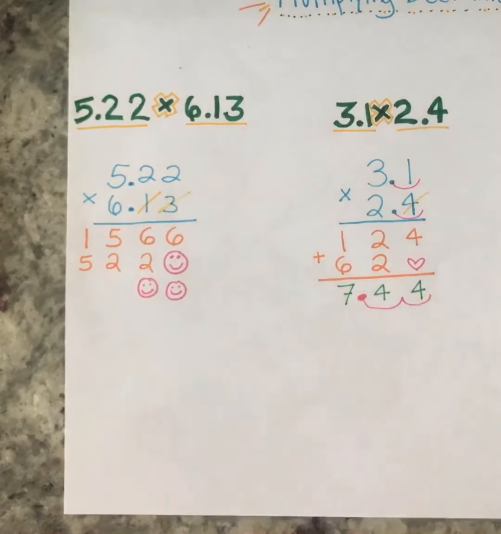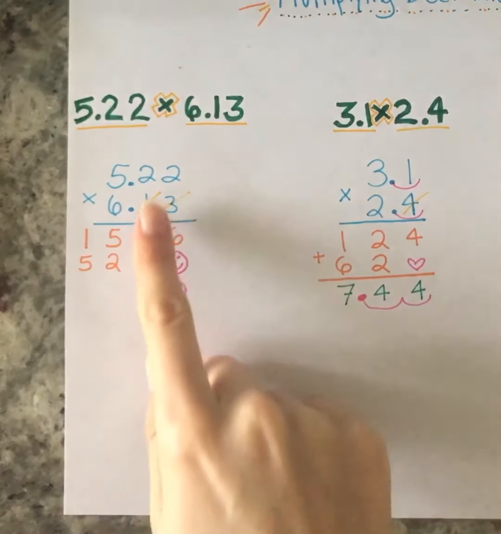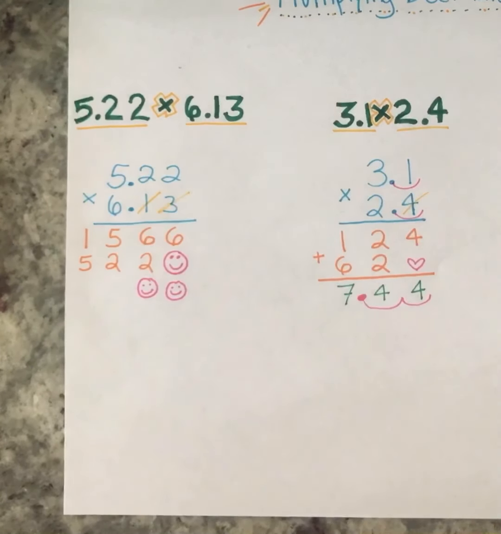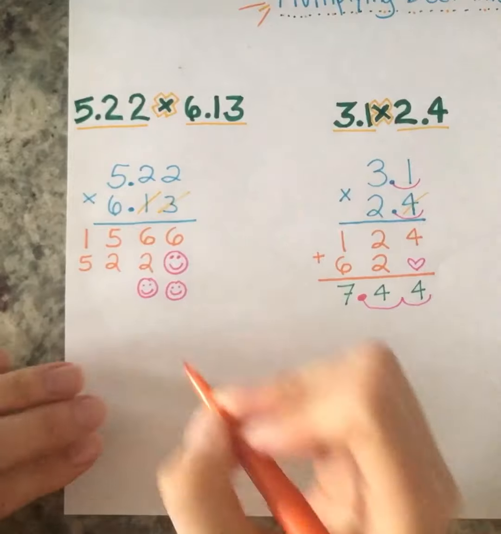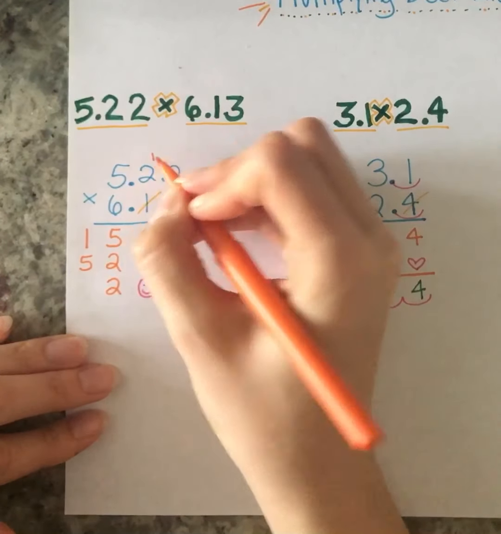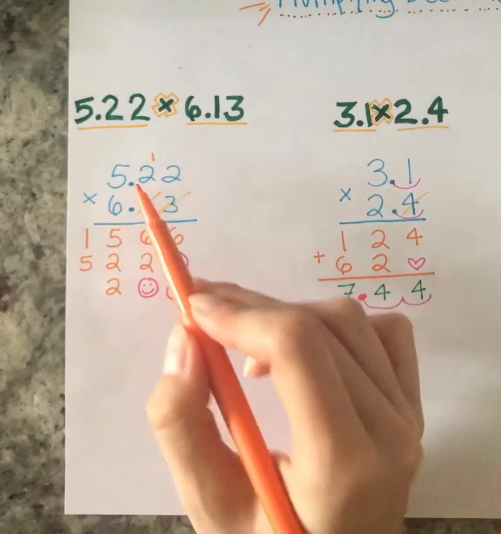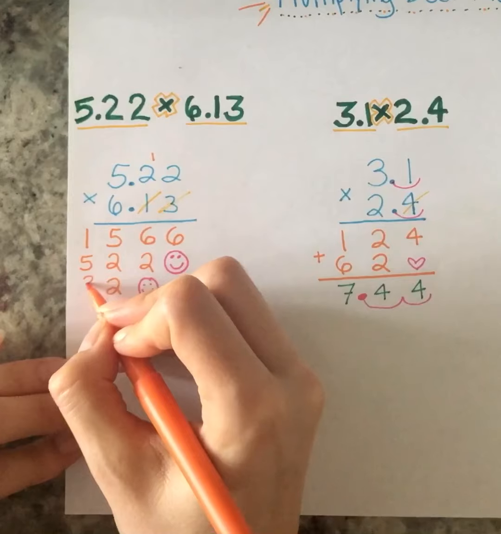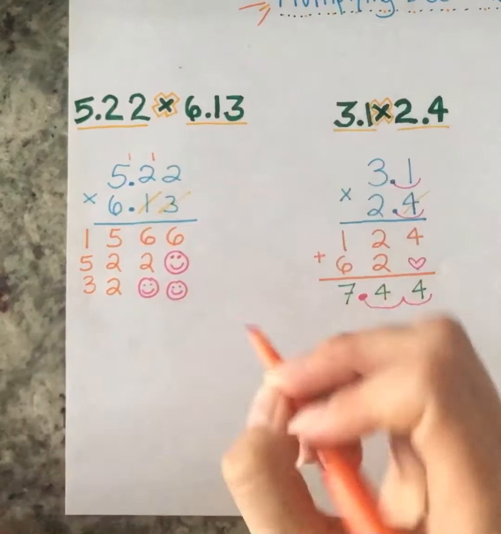So I'm done with that 1 in the 10th place. And now we're going to be multiplying using the 6. Again, we go from right to left, and we'll do 6 times 2 is 12. And we'll have to carry there. 6 times 2 is 12 plus 1 is 13. Carry.